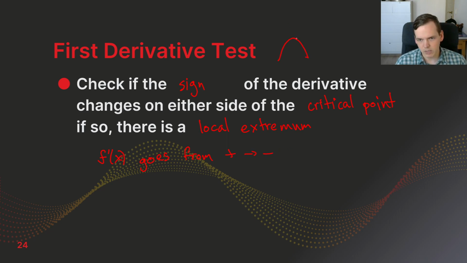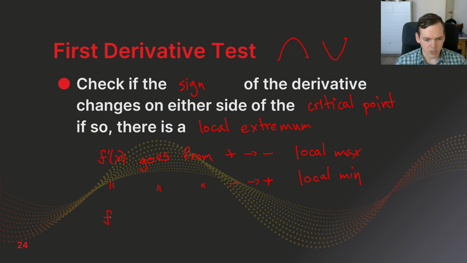So it was increasing and now it's decreasing, so that will be a local max. If it goes from negative to positive, we know that looks something like this, going down then coming up, so that's a local min.